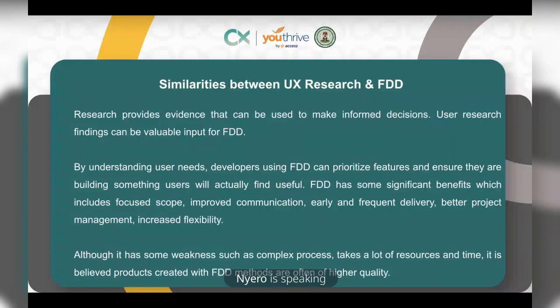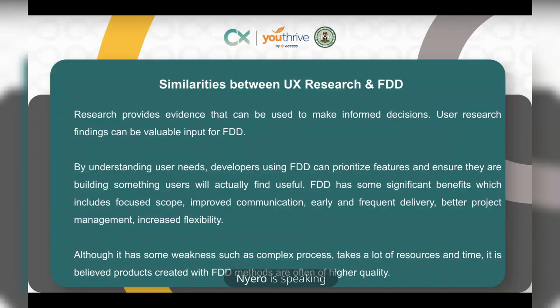Research provides evidence that can be used to make informed decisions. So that means that user experience research is valuable input for feature-driven development. And so by understanding your user needs, developers using FDD can prioritize features and ensure they are building something users will actually find useful. So it can be used in tandem, in collaboration.